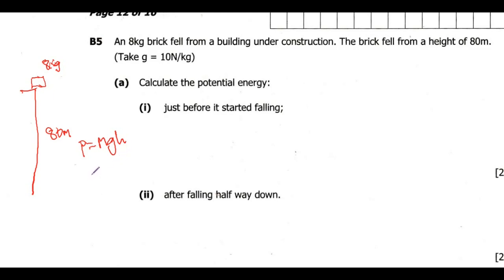So the potential energy here will be the mass of the brick, which is 8, times the gravitational field strength, which is 10, times the height, which is 80. So 8 times 80, then you multiply by 10, you get 6,400 joules.